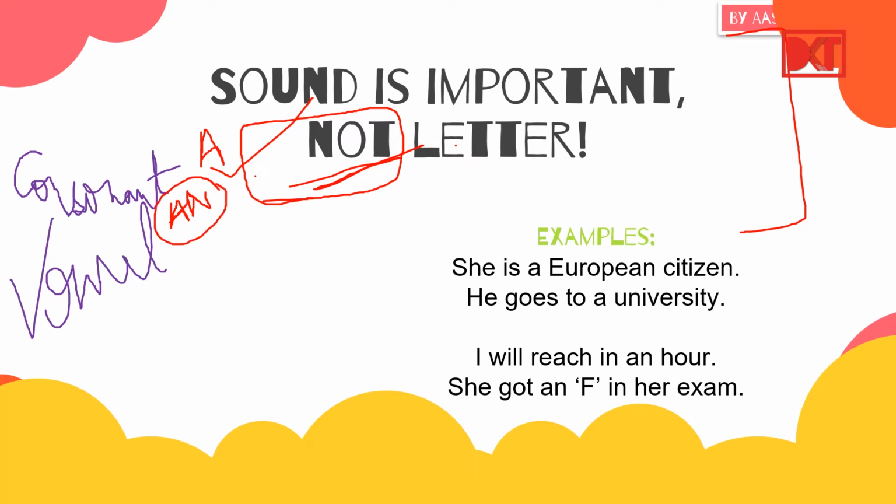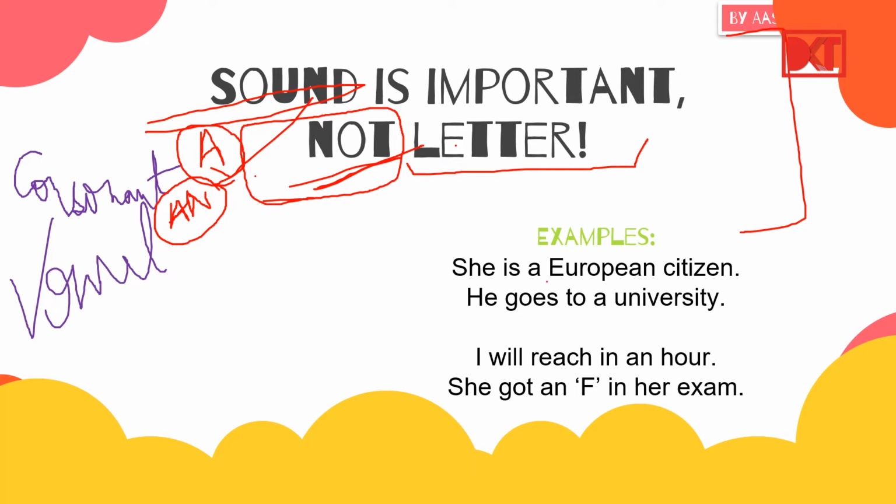मतलब कोई लेटर ऐसा भी है जो कॉन्सोनेंट होगा पर उसकी साउंड वॉवल की होगी, या फिर कोई वॉवल होगा पर उसकी साउंड कॉन्सोनेंट की होगी. लेट्स सी द एग्जांपल्स. यहाँ पे आप देखो, she is a European citizen. Now European जो है, it is starting with an E. Now E is a vowel.